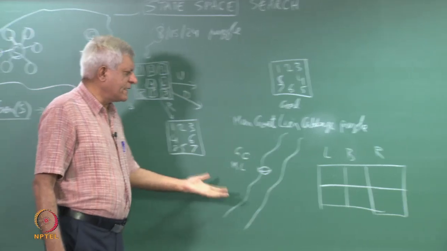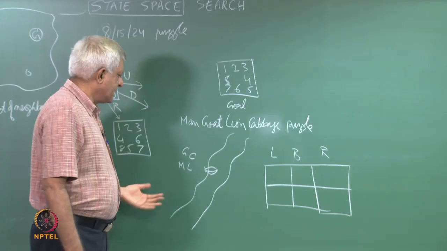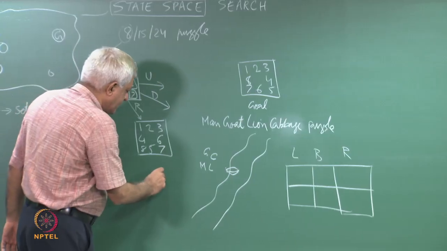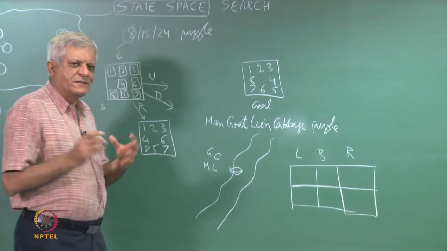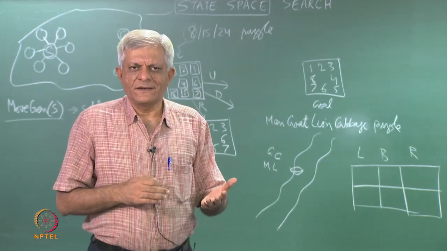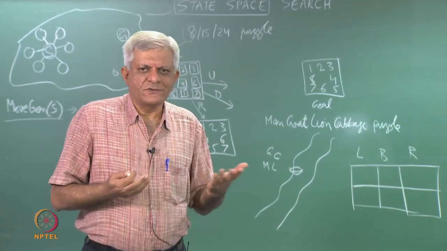So, let me make another suggestion, which is that I have a list of 2 lists. In a list of 2 lists, the first list contains things which are on the left bank and the second list contains things which are on the right bank essentially. So, I could choose that.